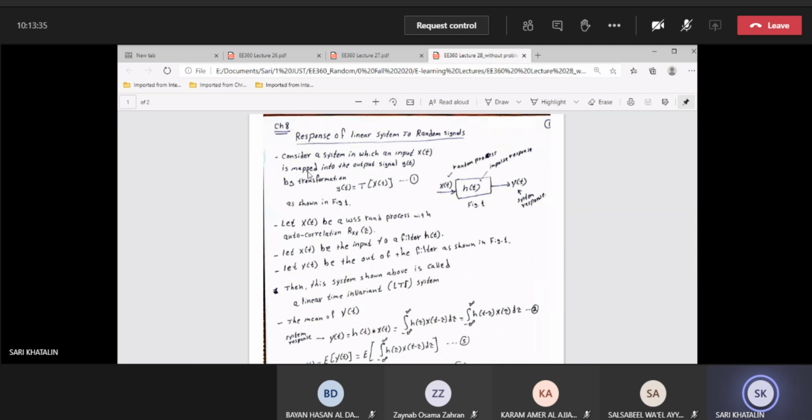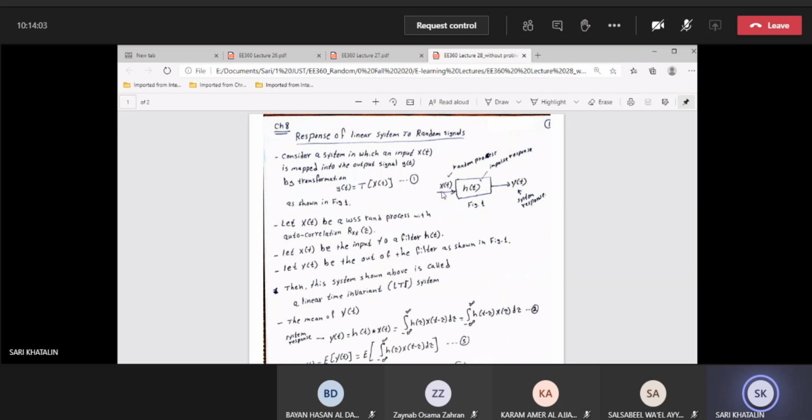Let's begin with the other topic from chapter 8, response of linear systems to random signals. Let's consider the system in figure 1, where the input to the system is a random process, and we have this impulse response, or the filter.